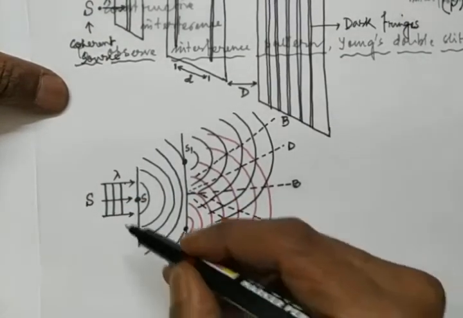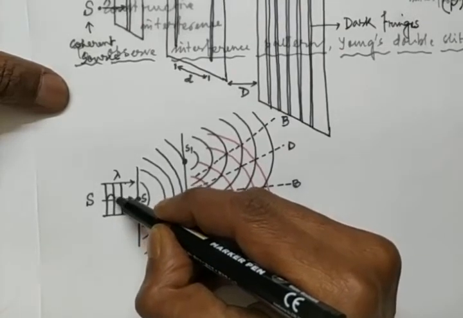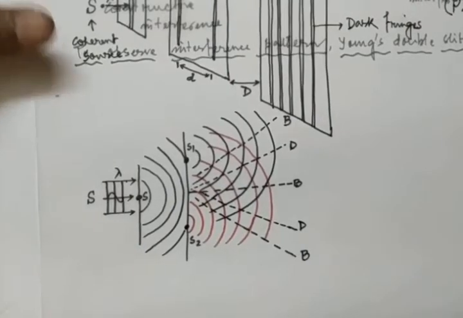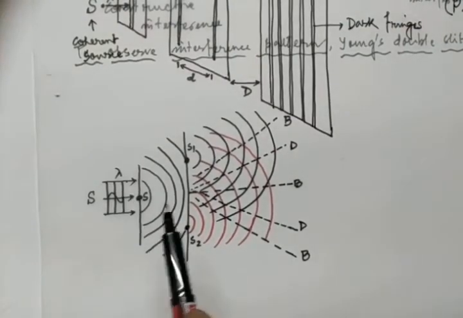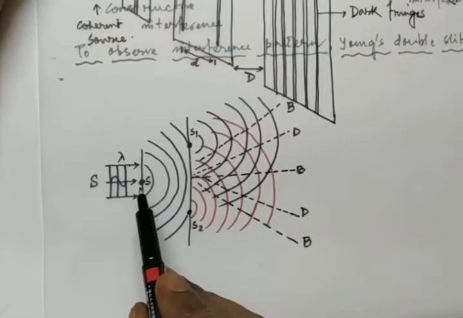And the source is emitting light of wavelength lambda. So छोटा करके बना दिया वेव. ओके छोटा हो या बड़ा हो, एनर्जी उसके अंदर जो है वही मेन है. So these are plane wave fronts. In the last class I have told you these are plane wave fronts. They are allowed to pass through this slit, this small slit.